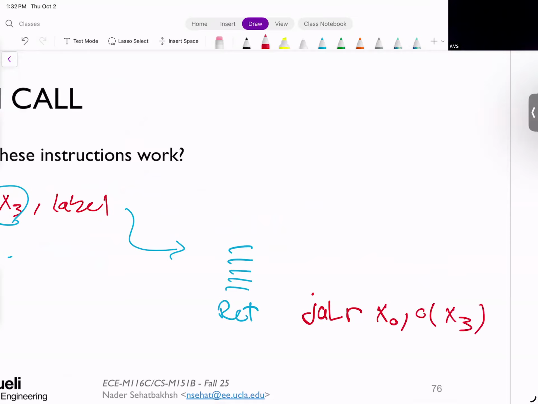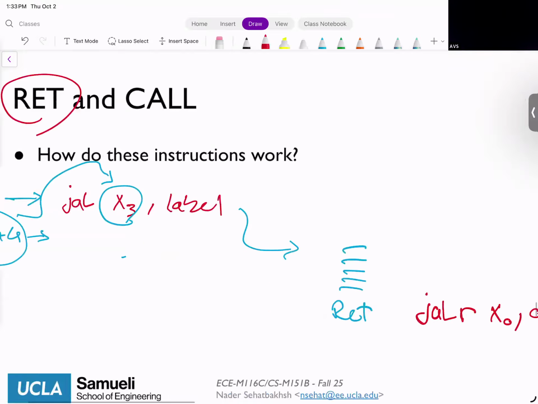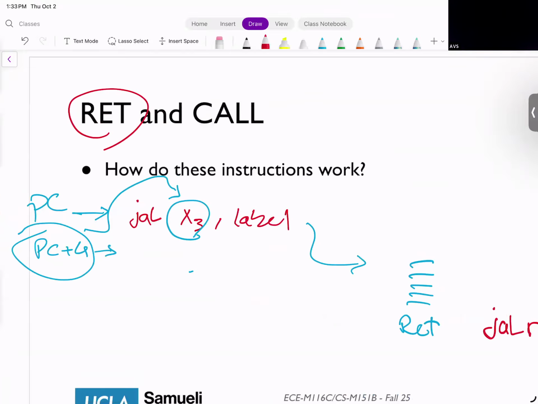Okay, so what does this do? It basically says, remember the next address and save it to x0. Since I don't care about linking anymore, I put x0 there. I'm not linking anything. But what I'm doing now is I'm saying that go to the address x3, add it with the offset and jump to that address. And prior to that, long time ago, I saved PC plus 4 in my x3.